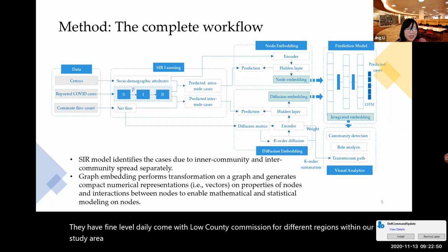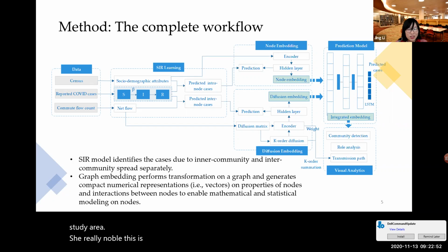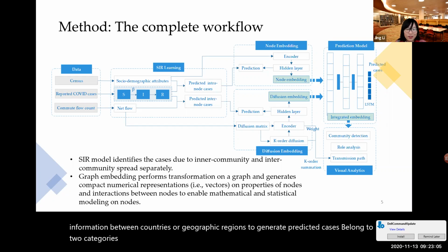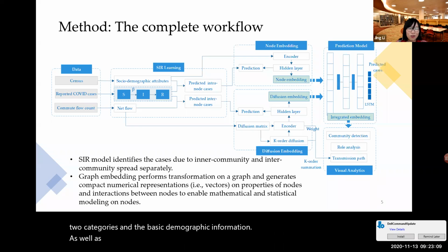To enable this SIR learning, we need to use the basic population data and flow information between counties or geographic regions to generate predicted cases belonging to two categories. And the basic demographic information, as well as the case information and flow information, are used to generate the result for node embedding and diffusion embedding.